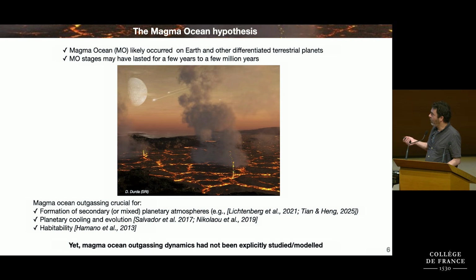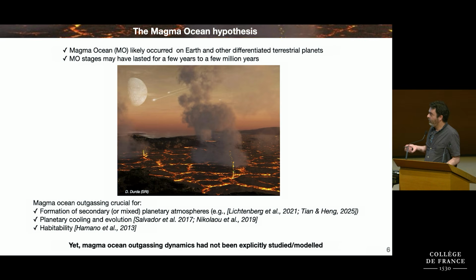So this is the reason why I think, and not only me, that a lot of terrestrial bodies went through at least one global magma ocean stage, which may have lasted from a few thousand years to a few hundred million years, depending on the conditions.